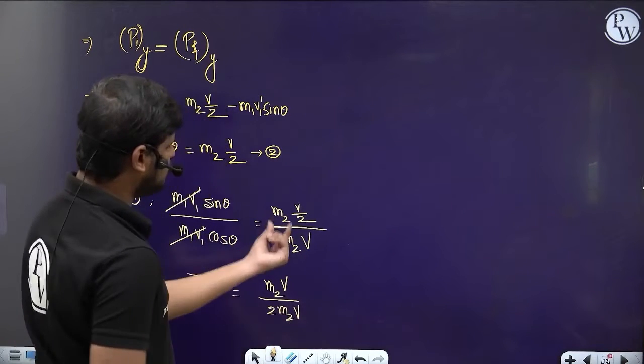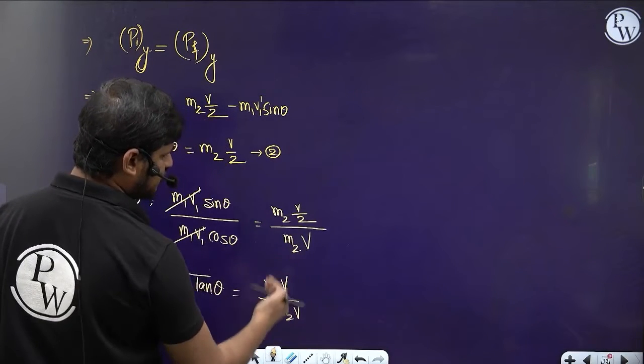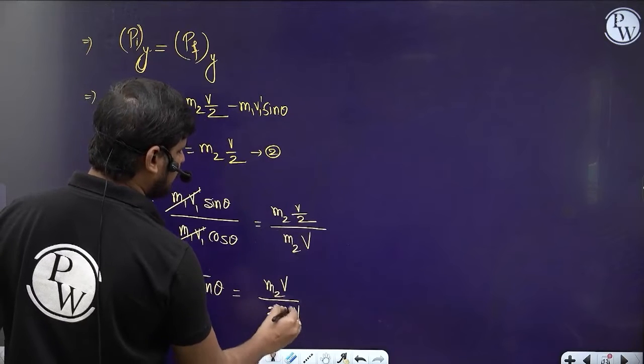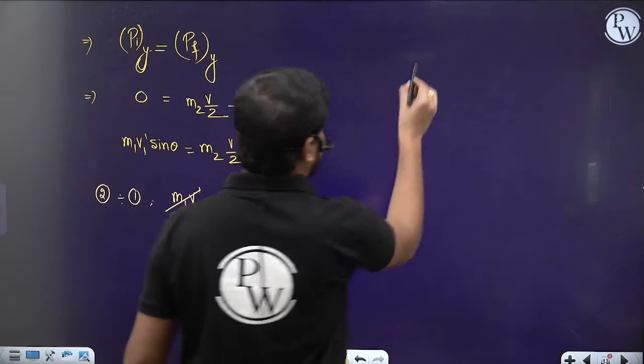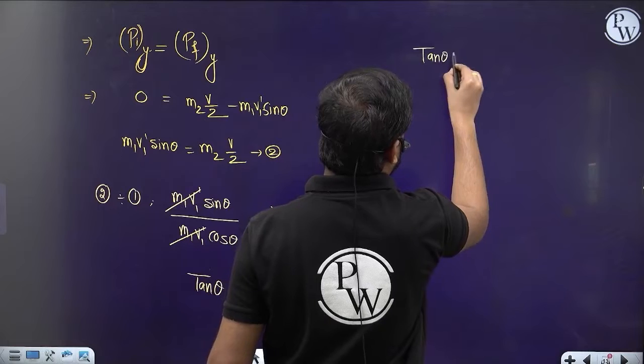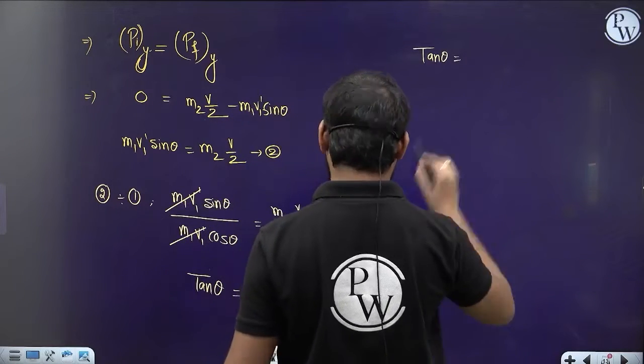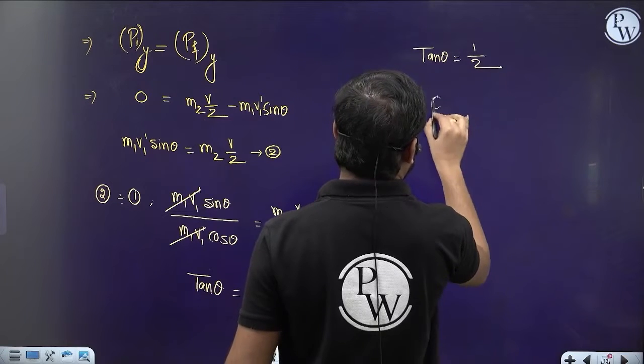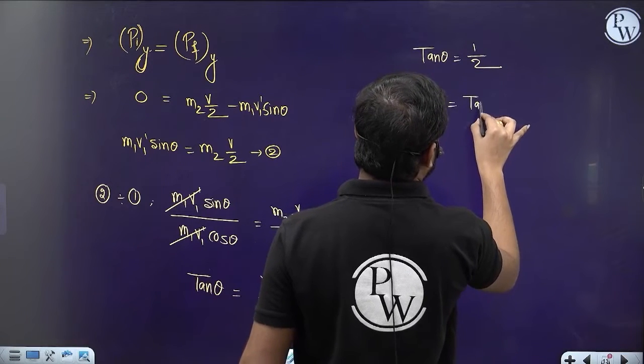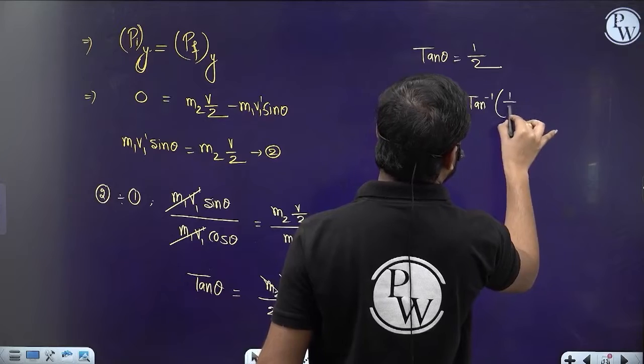Yes or no? The 2 will come this side, downward. So m2 v cancels. So tan theta is equal to, not v by 2, 1 by 2. V cancels, right? 1 by 2. So theta is equal to tan inverse of 1 by 2.